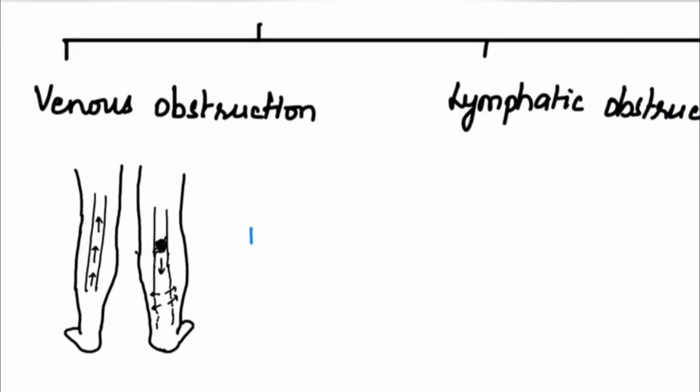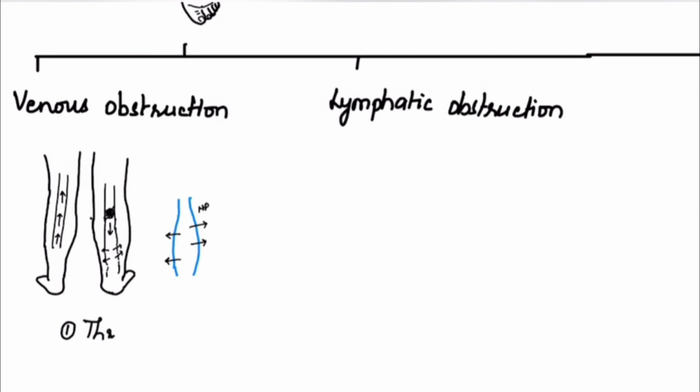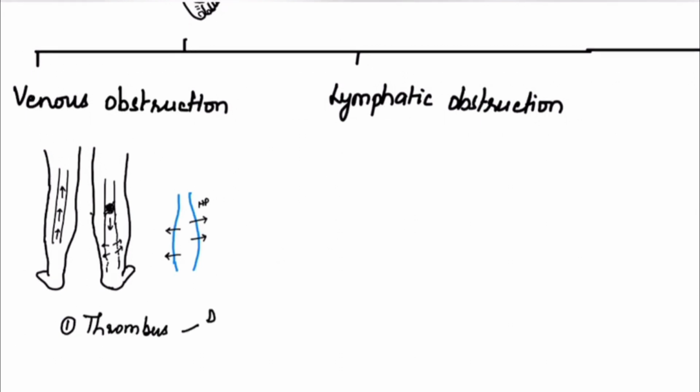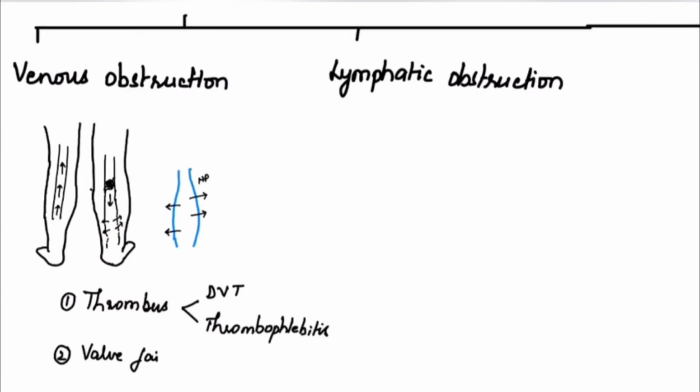So this is the vein, and there is more pooled up blood downward that will exert more hydrostatic pressure over the wall, thereby the fluid will leak out, causing edema. Causes include thrombus, which may be because of deep vein thrombosis or thrombophlebitis, or because of valve dysfunction that is seen in varicose veins. This will also cause pooling up of blood, thereby increased hydrostatic pressure.